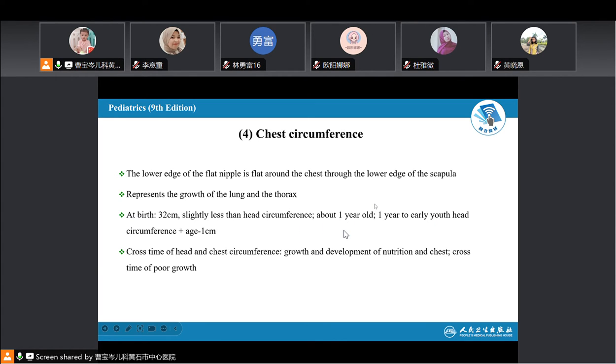The chest circumference: the lower edge of the nipple is flat around the chest through the lower edge of the scapula.